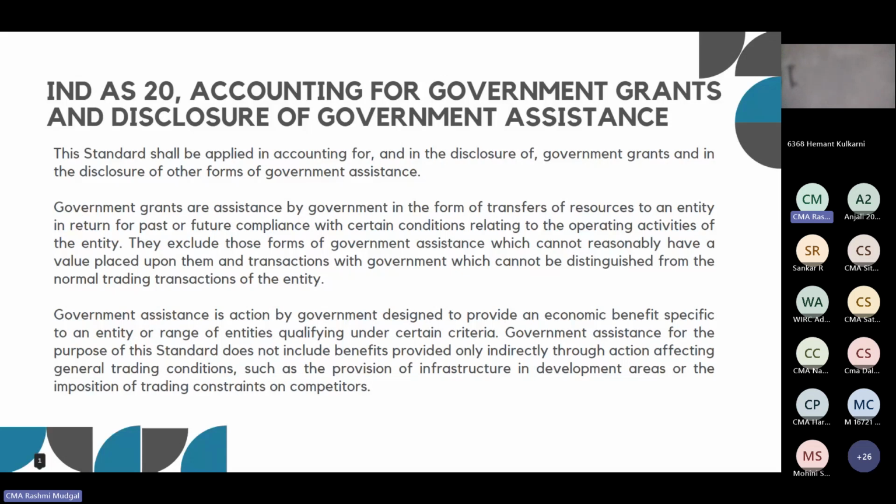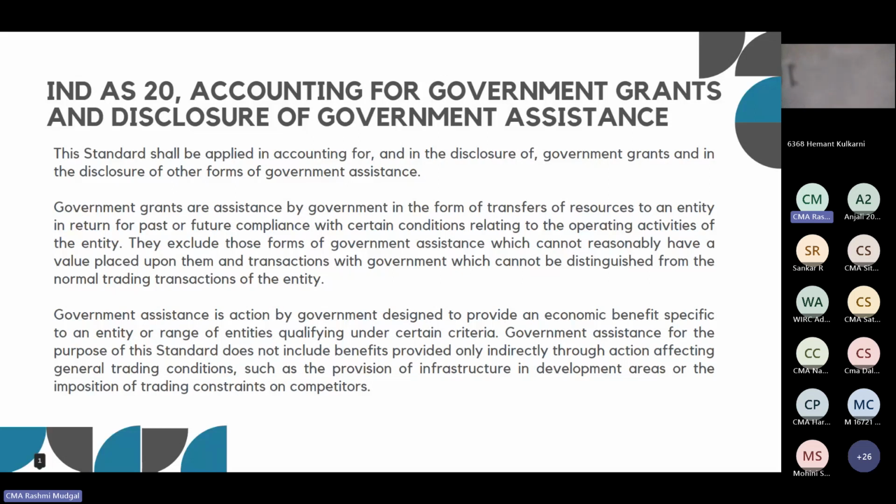If the government is giving us a grant for the purpose of buying machinery, it will definitely go in my balance sheet. But if the government is giving me a simple revenue grant, like an export benefit, where if I sell this much amount to someone, I will get this amount from the government, so I am getting it on a revenue basis, that will go in my P&L.